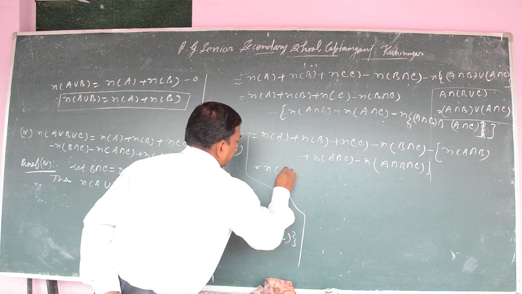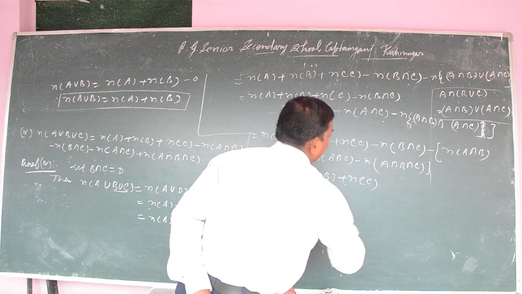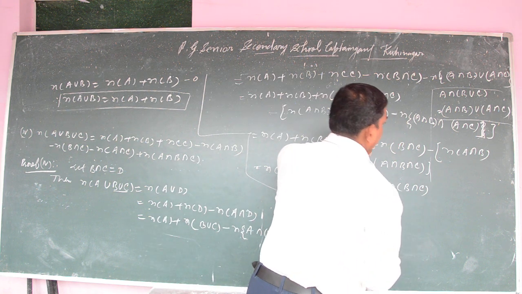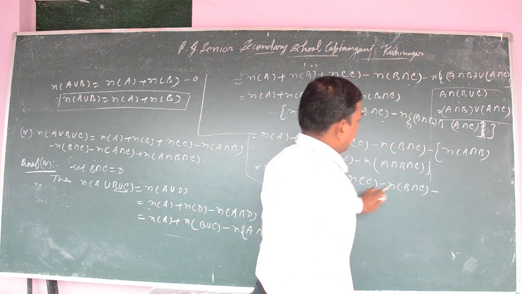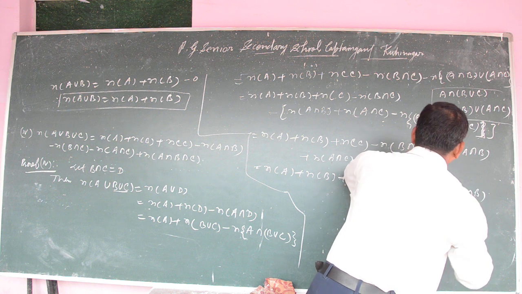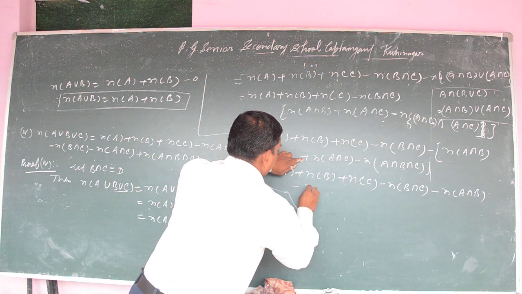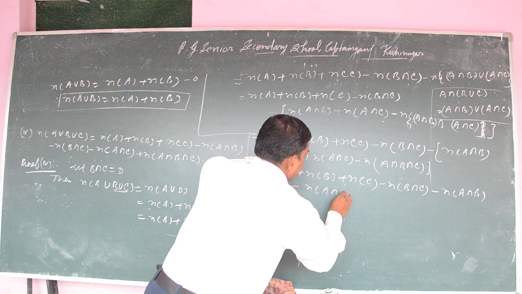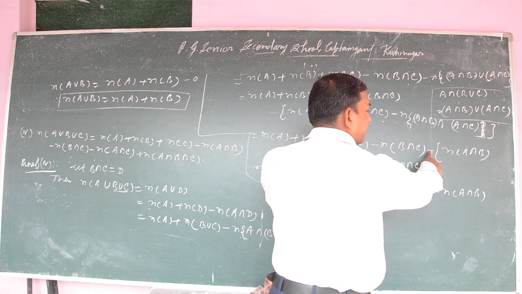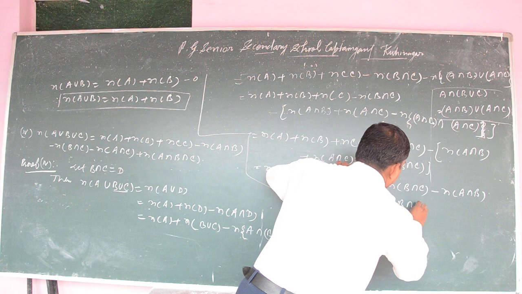Again cardinal number of A plus cardinal number of B plus cardinal number of C minus cardinal number of B intersection C. Now open the bracket: minus cardinal number of A intersection B, and the product of signs gives minus cardinal number of A intersection C. Again, minus into minus becomes plus cardinal number of A intersection B intersection C.